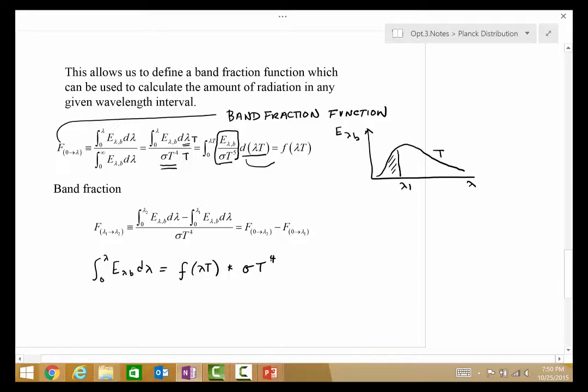So we know immediately how much radiation has been emitted just by looking at that.